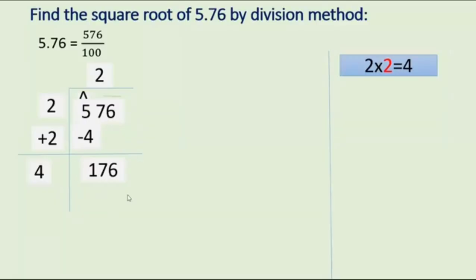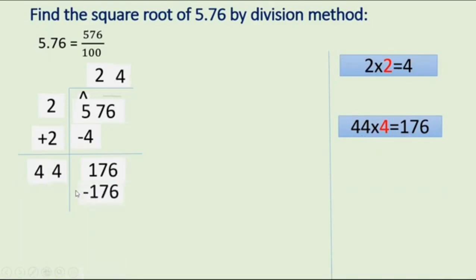So 76 is a pair, so we have to copy the pair together. Here 176 is there. So either we can multiply 44 into 4 or 46 into 6. We get 44 into 4 is 176. So 4 plus 4 is 8 and 4 is copied as it is.